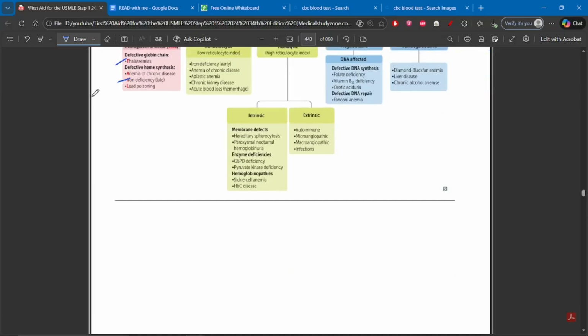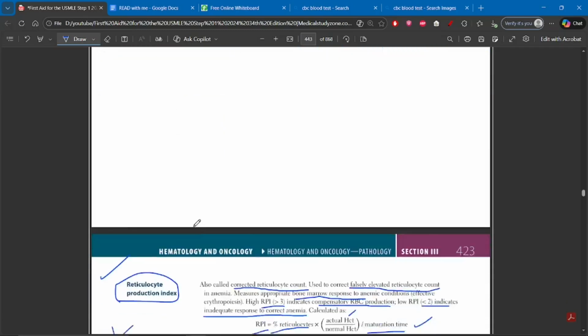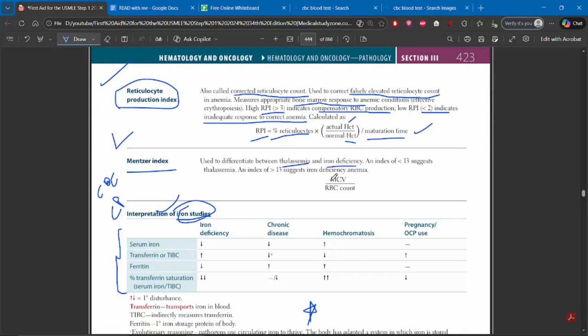So we need some criteria to differentiate between the two most common causes of microcytic anemia, which are iron deficiency and thalassemia. An index less than 13 suggests thalassemia, and an index more than 13 suggests iron deficiency anemia.